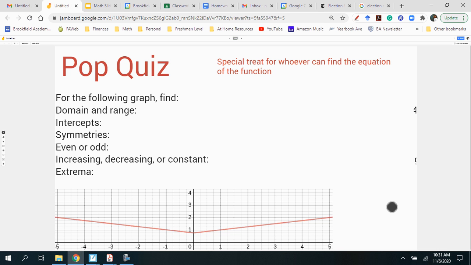So does anyone want to go ahead and try to answer those? Nobody does? Alright, is the domain all real numbers? Yes, sir. The range is slightly less than 1 to infinity. The intercept is roughly 1.